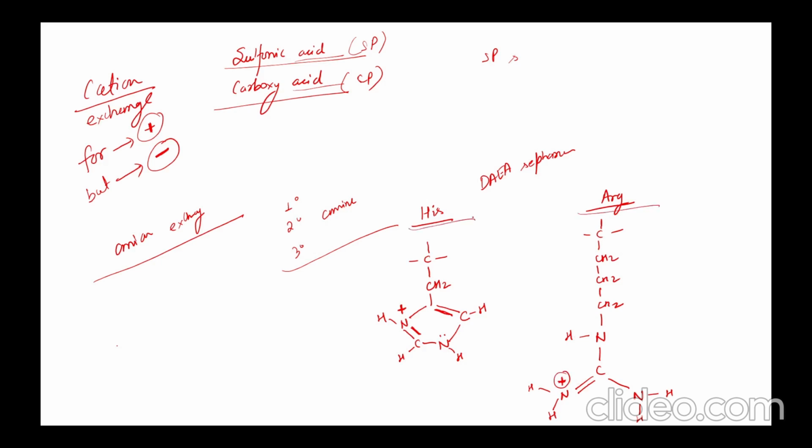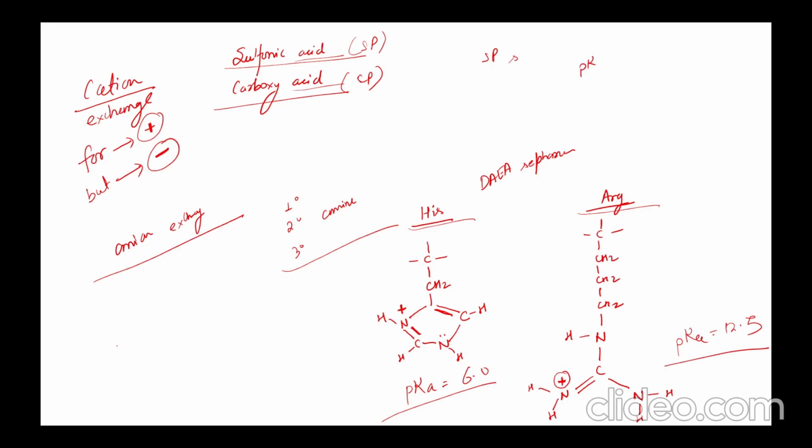Okay, so if we talk about the pKa value of these two amino acids, for arginine the pKa value is very high. It is 12.5. And for histidine, the pKa value is around 6. So pKa is nothing but the pH at which half of the copies of anything is protonated.